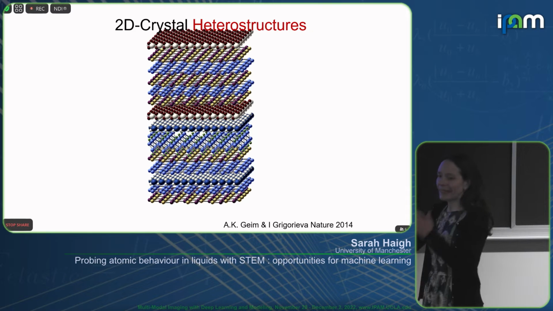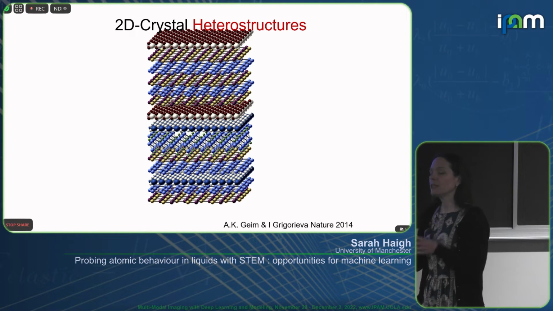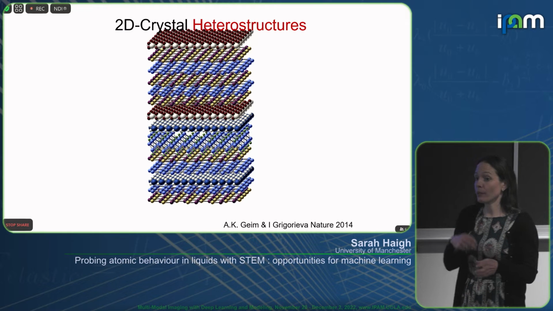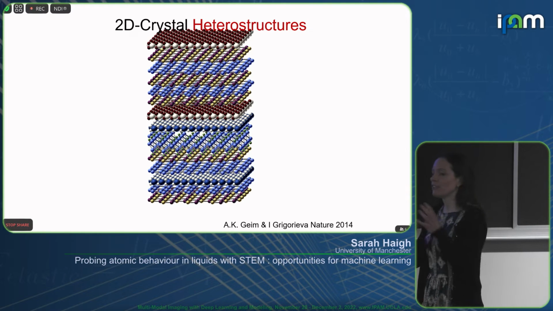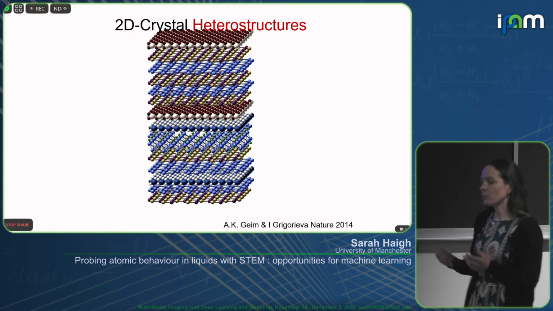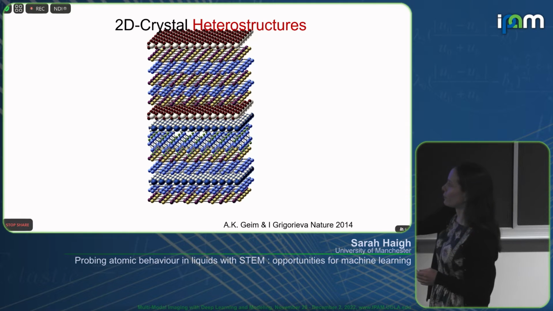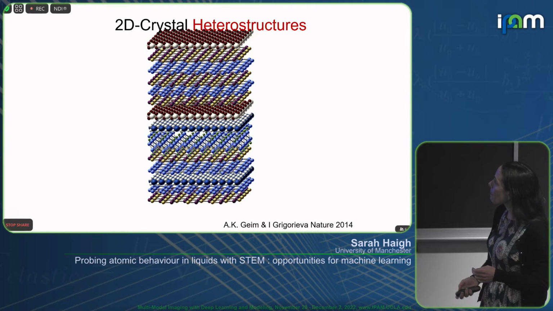For the purposes of this talk, I'm also going to mention some of the work where you don't have to combine in this heterostructure stack complete layers. If you pattern gaps into your two-dimensional material, then you create regions that you can fill with a liquid or with a gas. And that nano-channel work is a big area in Manchester. And so that's the nano-channel that you can see in the middle there.